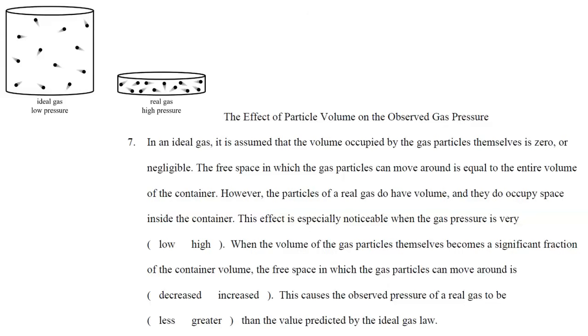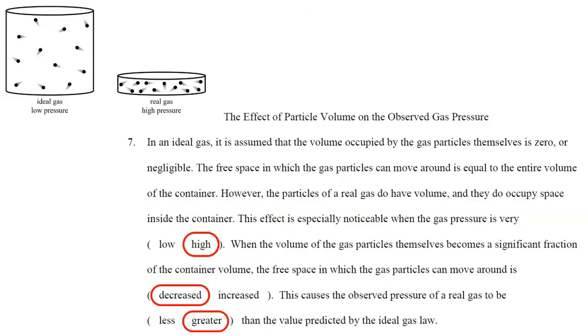However, the particles of a real gas do have volume and they do occupy space inside the container, and this effect is especially noticeable when the gas pressure is very high. Now, when the volume of the gas particles themselves becomes a significant fraction of the container volume, the free space in which the gas particles can move around is decreased, and this causes the observed pressure of a real gas to be greater than the value predicted by the ideal gas law.